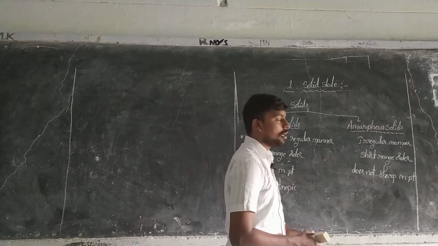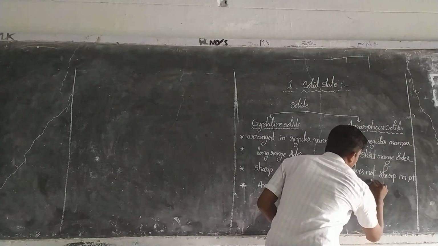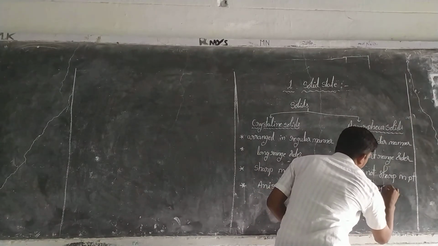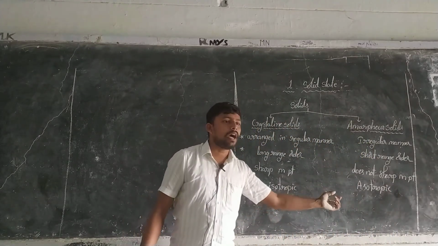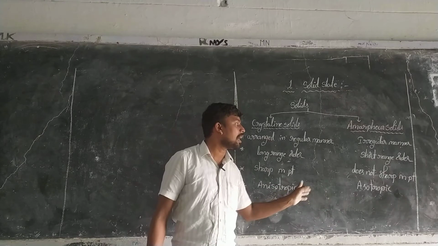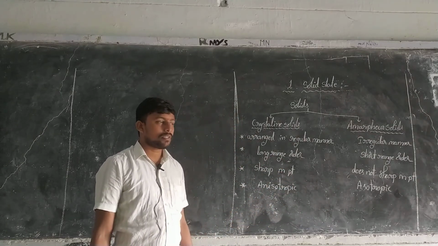Coming to amorphous solids, these are isotropic. Okay, anisotropic and isotropic. This is the classification of the solids into crystalline solids and amorphous solids.